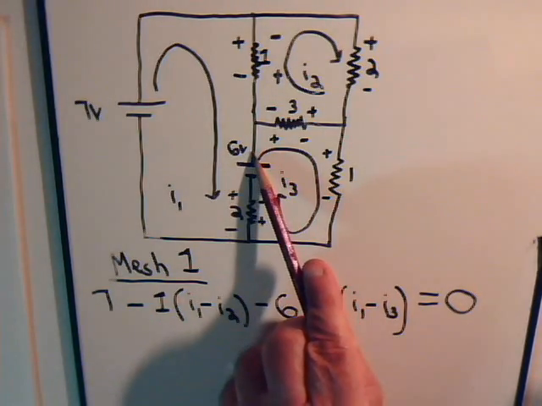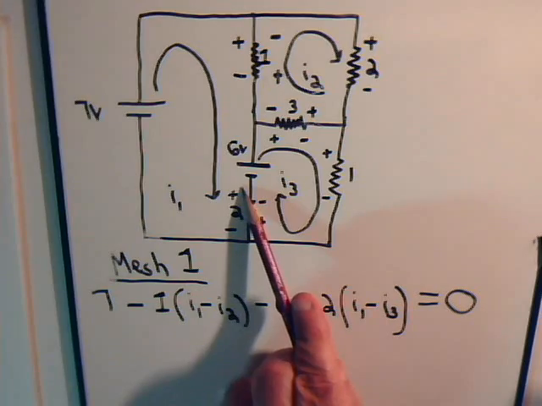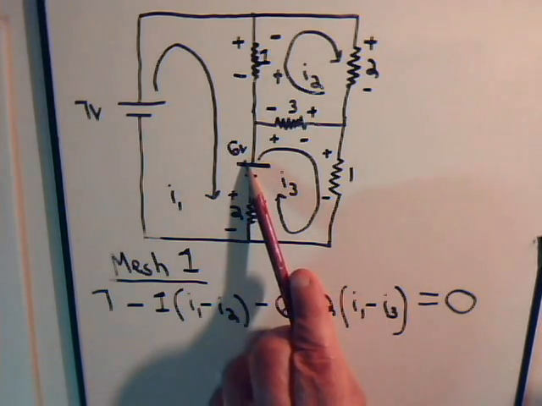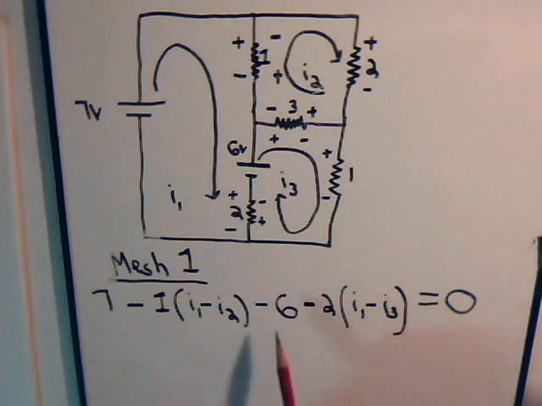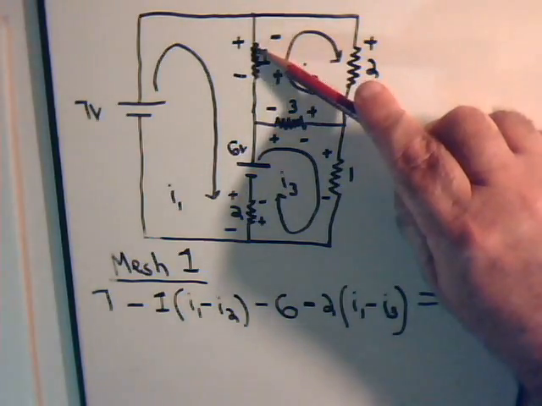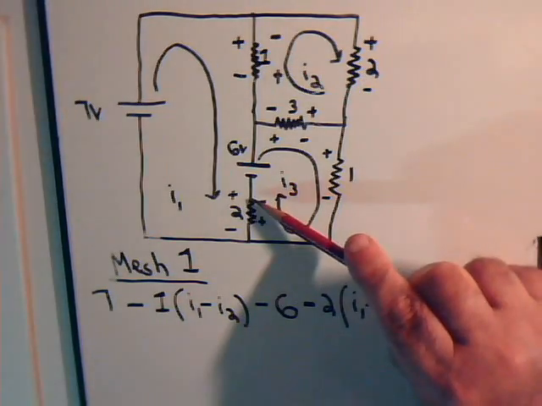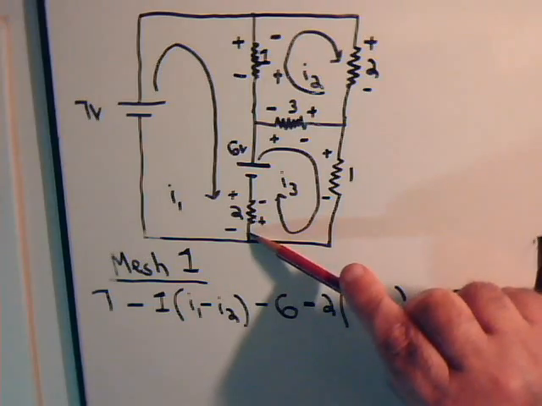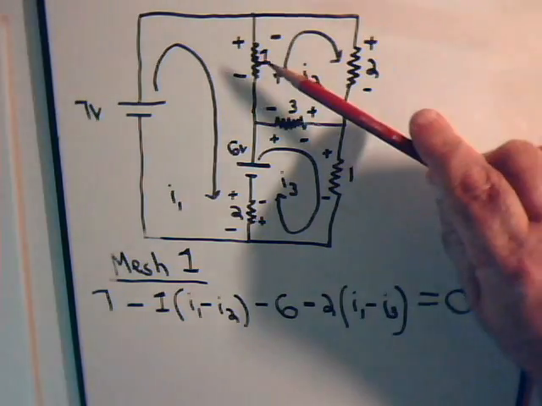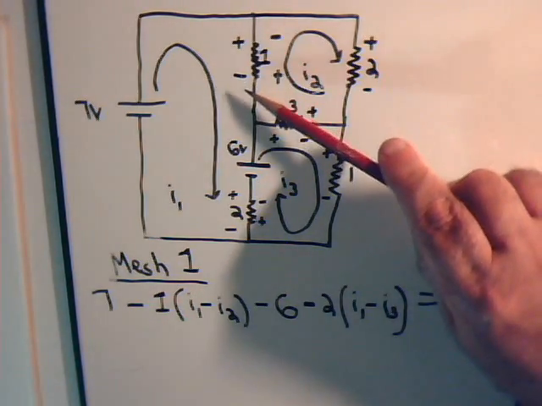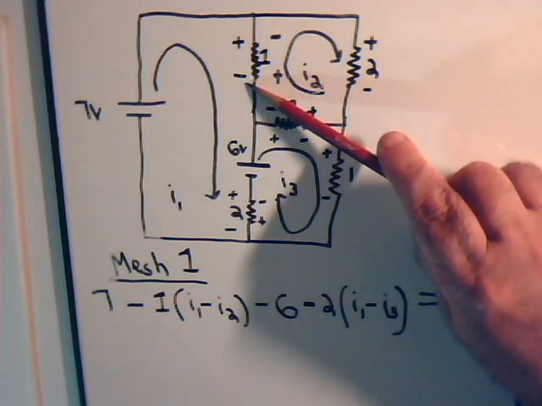Here, that goes across the battery, this mesh current, it's going from a higher potential to a lower potential, so that's designated with a negative voltage. Same thing when it goes across resistor 1, a resistor value of 1 ohm, and when it goes across this resistor. We're assuming, yes, it enters at a higher potential, leaves at a lower potential.